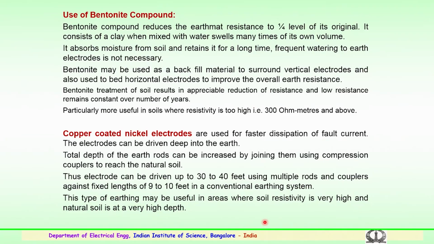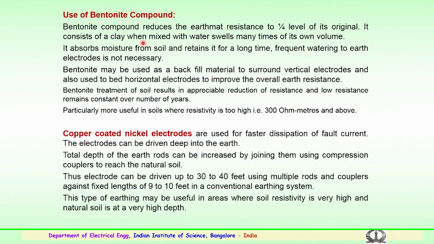One of the methods is to use a bentonite compound. Again, this is a recent method which is being employed to reduce the earth mat resistance to one fourth of its original. This bentonite compound consists of a clay which, when mixed with water, swells many times its own volume.